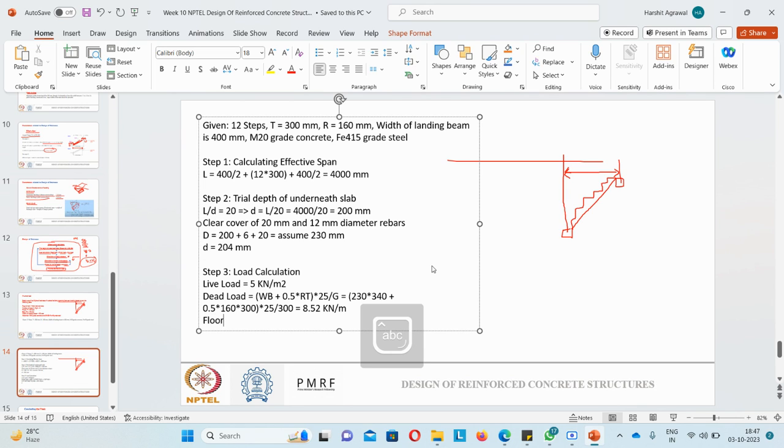So suppose I am taking a floor finish of, let's say, 0.6 kilonewton per meter. If you don't want to take it, you can ignore it, but I am taking it.